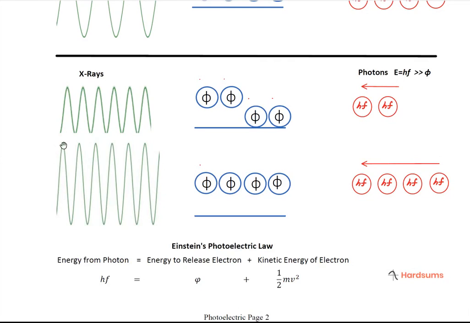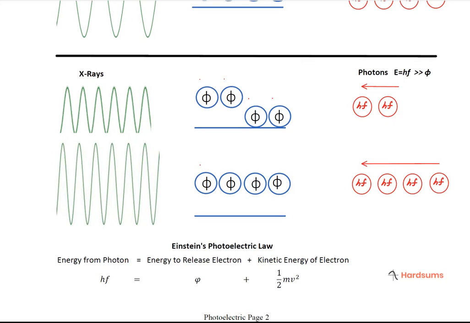And if you increase the amplitude for one last time, that's again the equivalent of having more photons, and each photon now has more than enough energy, so each photon will displace an electron, so the 4 electrons move off with energy to spare, and they move off therefore at high speed.